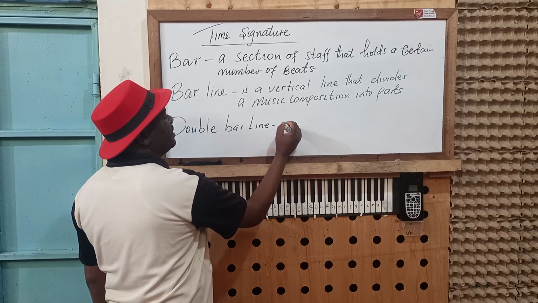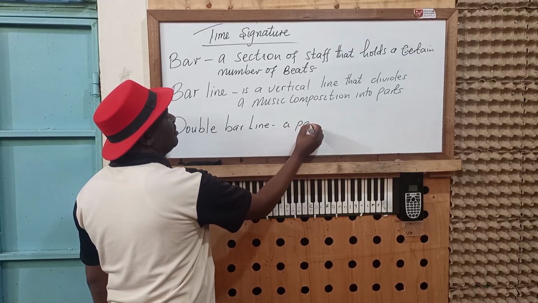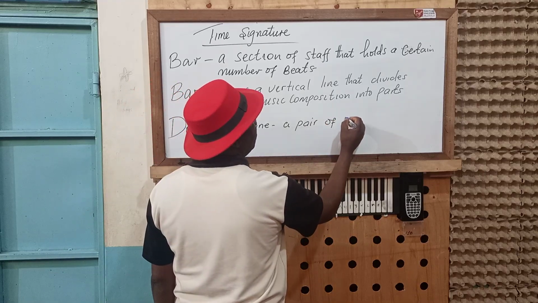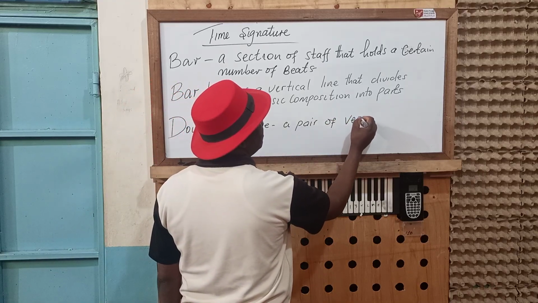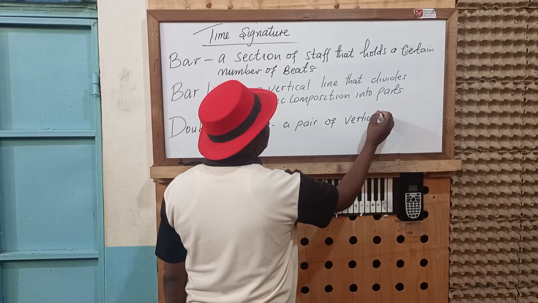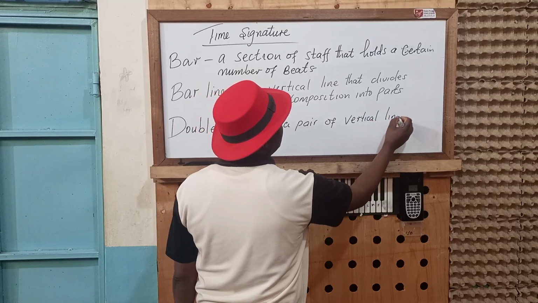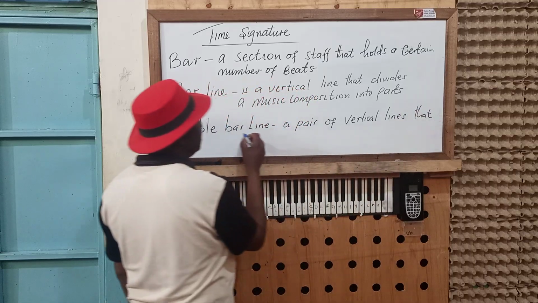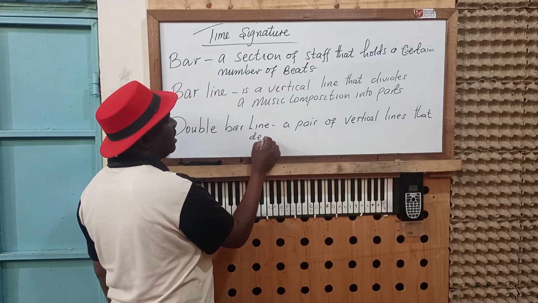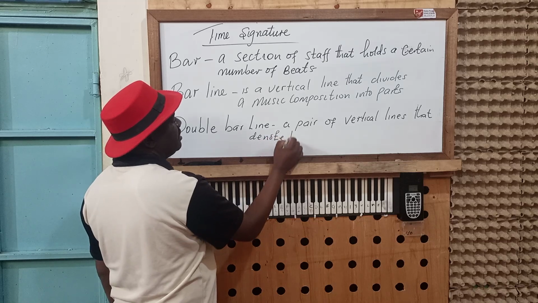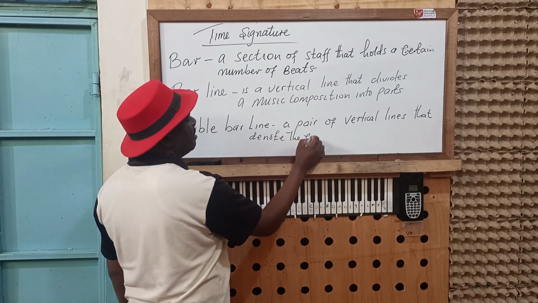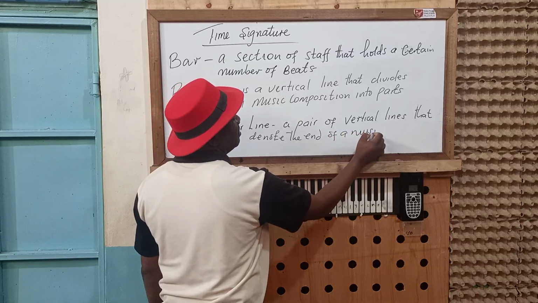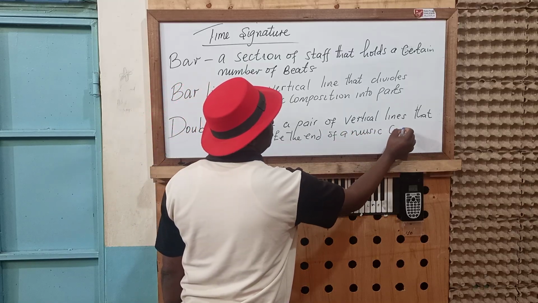This one is a pair of vertical lines that denote the end of a music composition.